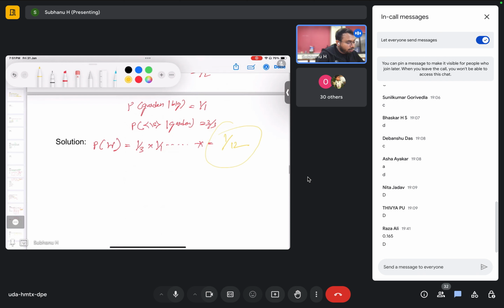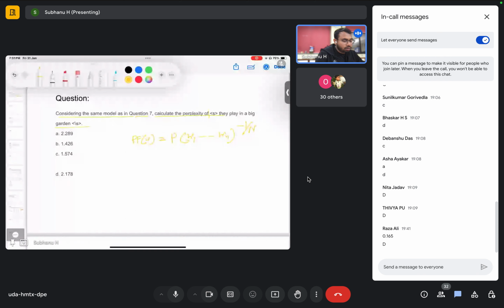So does anyone have their answer? Yes, it will be. Why is it the cube root?